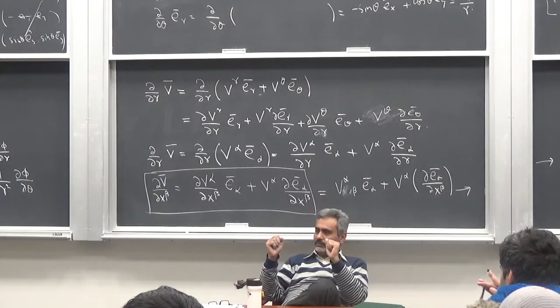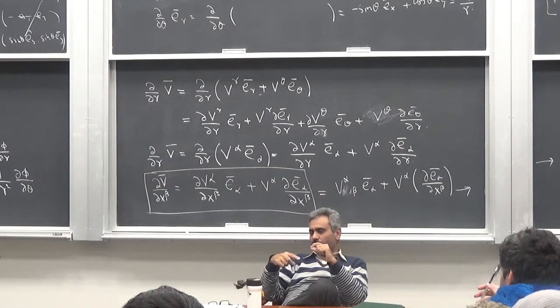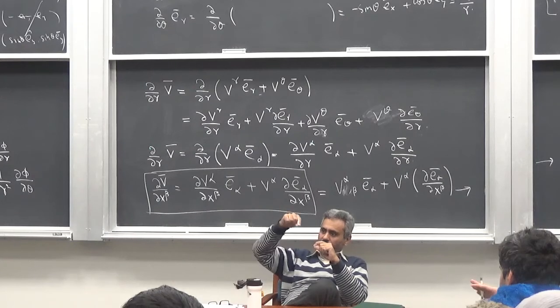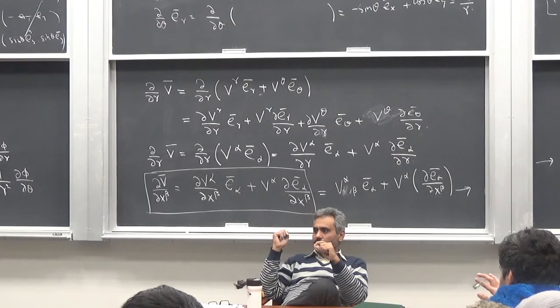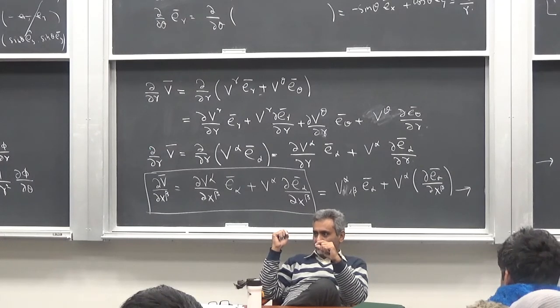Then you say, I want to be able to say which point is farther away or closer by, and you put a metric on it. Or you could put a metric up to a conformal factor.